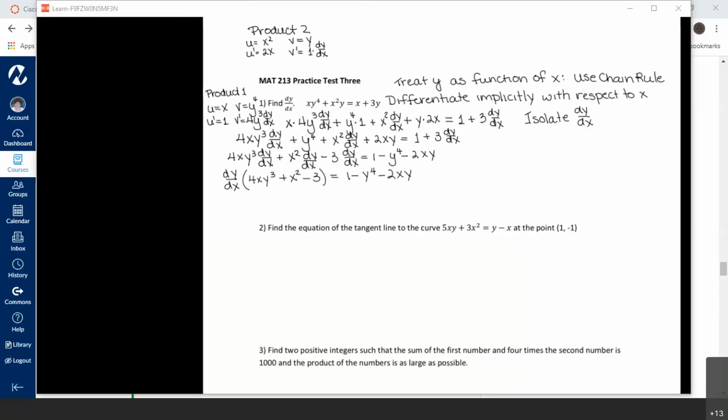The very last step is to divide by the quantity in parentheses, which gets rid of it on the left and just leaves dy dx. And it divides the quantity on the right-hand side by the quantity in parentheses.